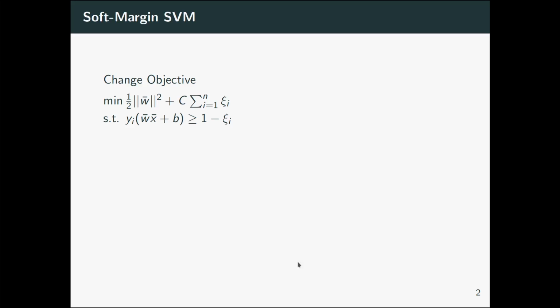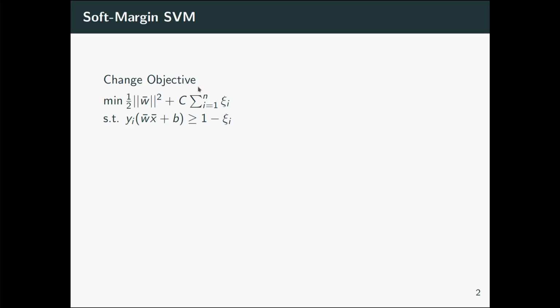So essentially what we're trying to say now is that we keep everything the same as previous, but we just change the objective. The earlier objective was just to minimize half the squared norm of w subject to the constraints yi times (w xi plus b) is greater than or equal to 1. This should have been xi, because you're looking at all the examples.